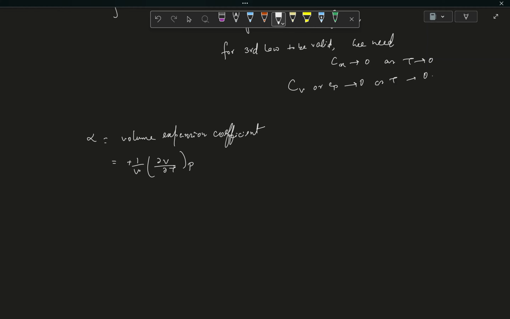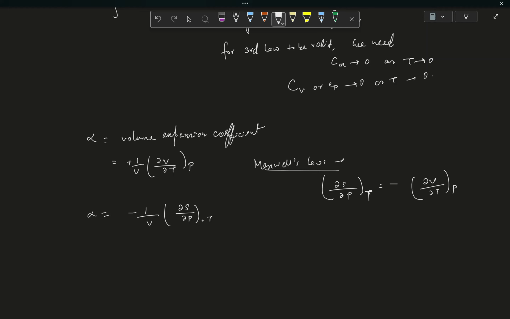But Maxwell's laws of thermodynamics tell you in one of the relations that del S del P at T constant is equal to minus del V del T at P constant. So substituting that, alpha is equal to minus 1 by V del S del P at T constant.